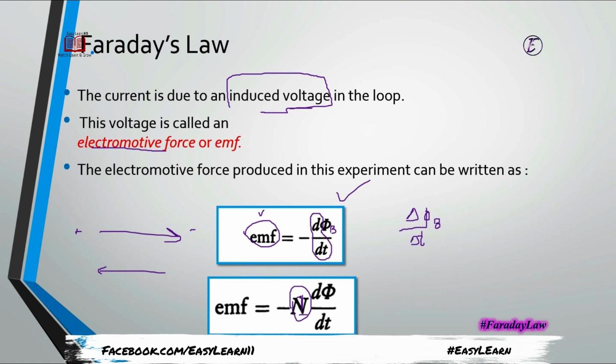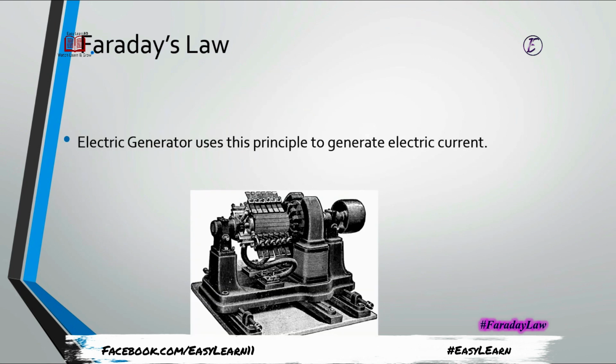If we do not write one loop, one multiplied by this term is still this term. But if we have more loops, to catch more magnetic field lines, it means that we need more loops or a strong magnetic field, so we can write N here for later use. This is used in large electric generators.